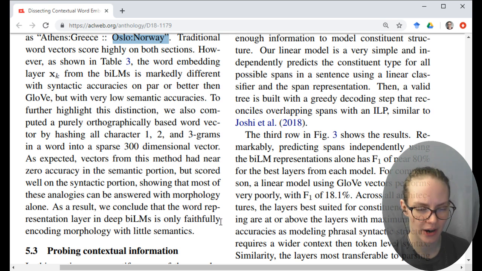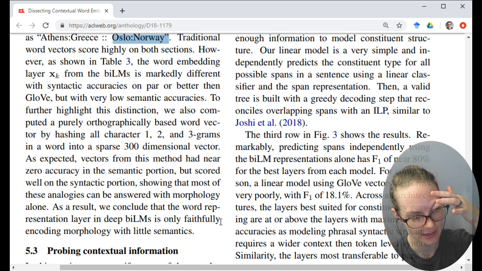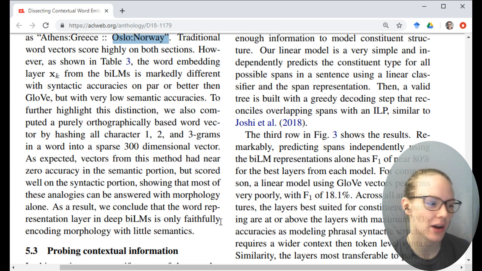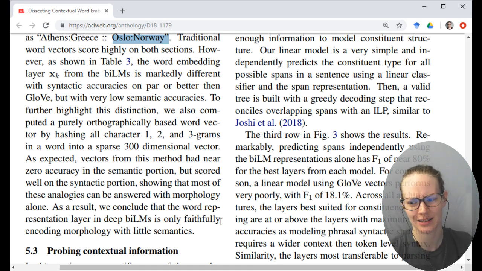So languages where morphologically related words have fewer overlapping letters when written with Latin script. Because in that case, I guess you're not necessarily going to be training a Hebrew language model on Hebrew written in Latin script.